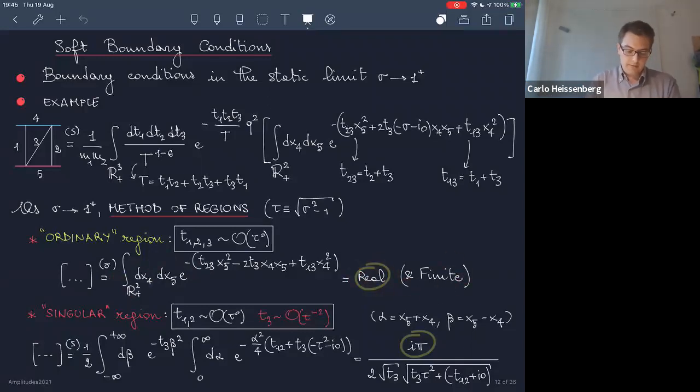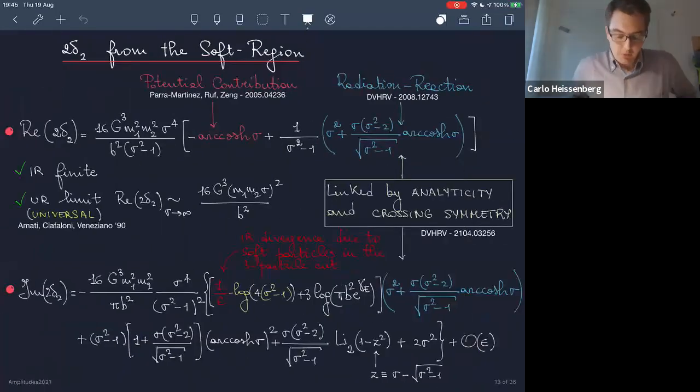On the other hand, there is another region which is important, in particular in order to get radiation reaction effects right. This is the singular region, in which one needs to assign a non-trivial scaling, in particular with respect to the velocity, to this intermediate line 3, which, as you can see, is precisely the one intervening in the three-particle cut. And this is no accident, since indeed these contributions are those that are important to capture the imaginary part of the boundary conditions.